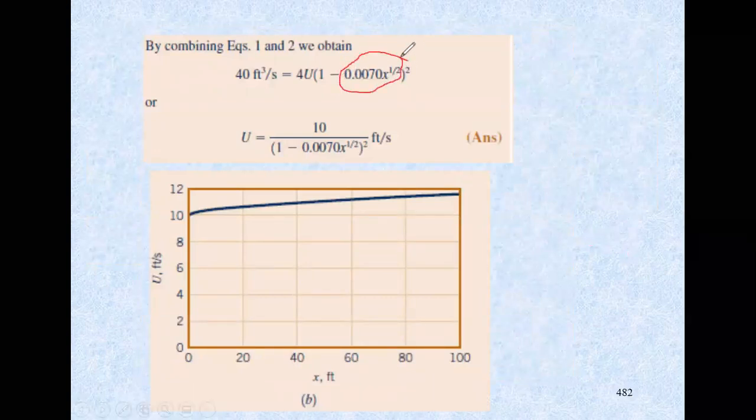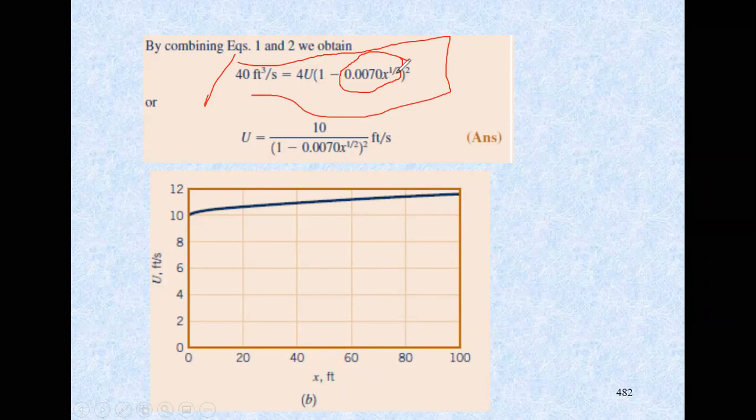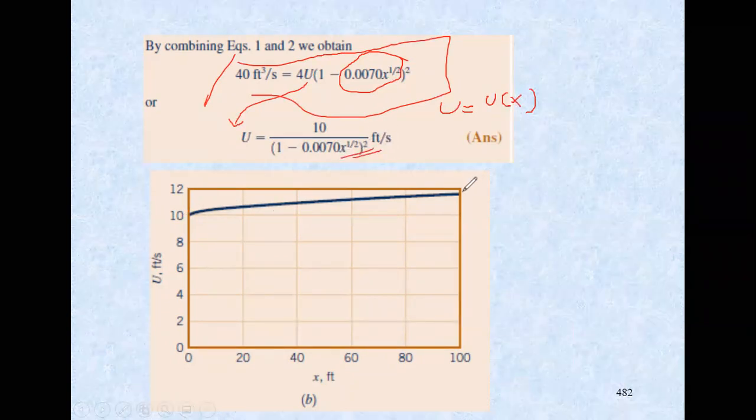So we have 2 times delta star, so U times (2 minus 2 times 0.007 x to the power of half) squared equals 40. If you take the U out, you're going to have U as a function of x. That's what we're looking for. It means the velocity will change as x moves. So velocity changes over here.